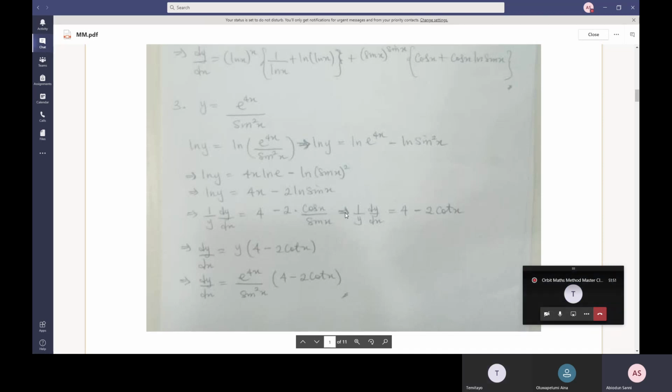So this implies that 1 over y dy/dx is equal to 4 minus 2 times cos x over sine x, which is the same as cot x, right? If it is sine over cos, you say it's tan. But if it is the other way around, it is cot. Are we clear on this side?